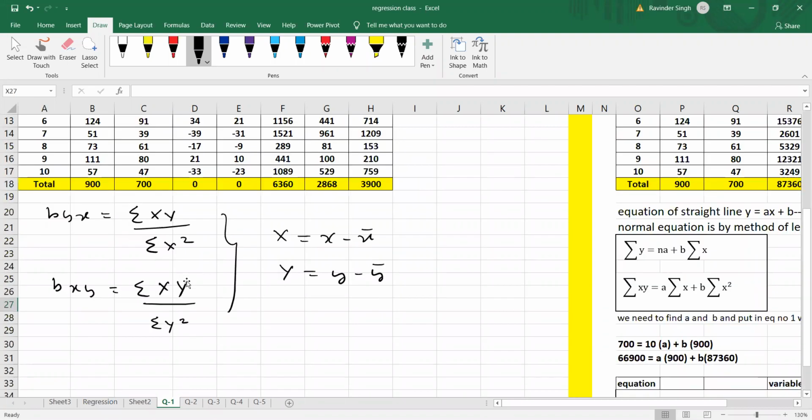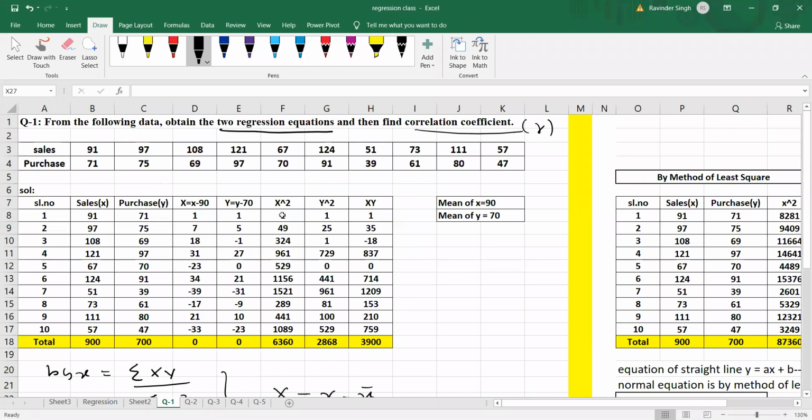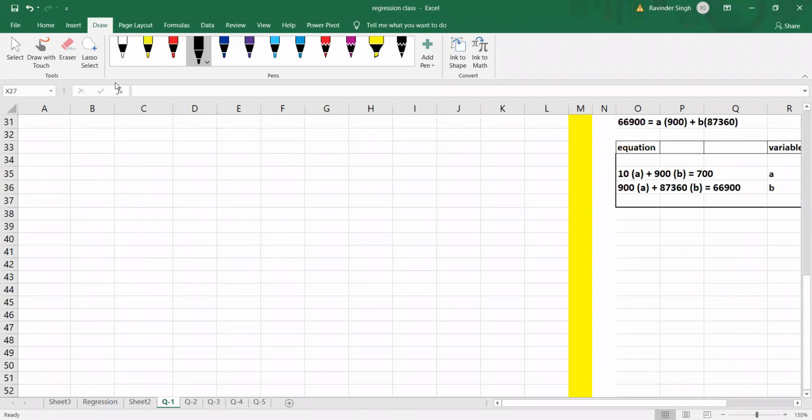So we have to estimate both regression equations. First we find regression of y on x, which is y minus y bar equals byx times x minus x bar.